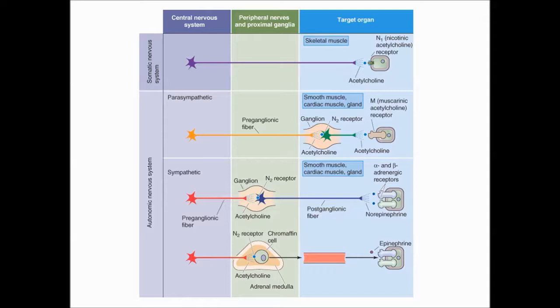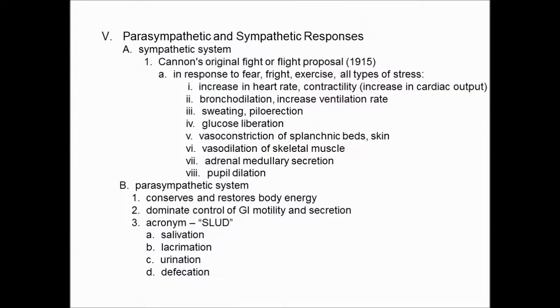The sympathetic system, relatively short preganglionic, goes to the ganglion where acetylcholine's again there. This is the same nicotinic type receptor. And then a long postganglionic that goes to the target, which could be smooth muscle, cardiac muscle, or glands. And that can be alpha or beta adrenergic receptors.